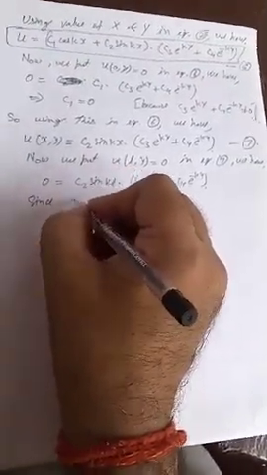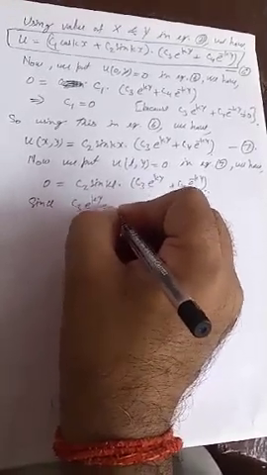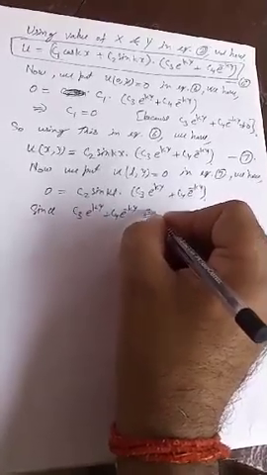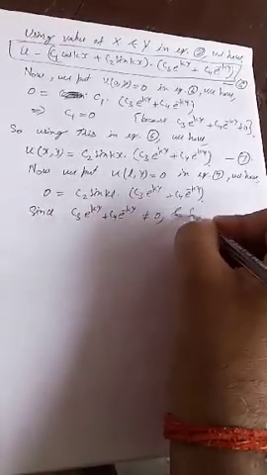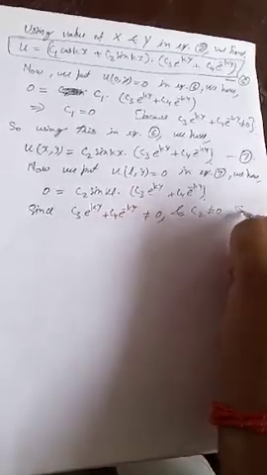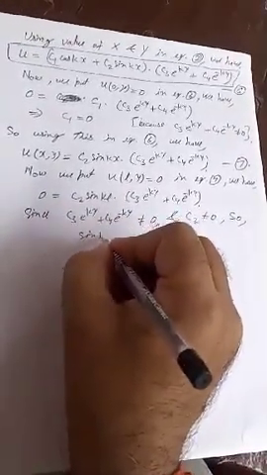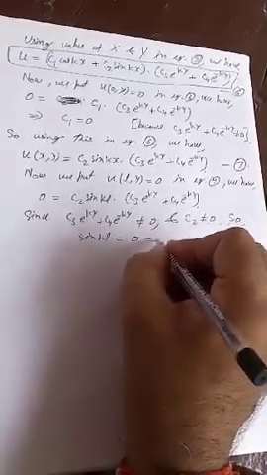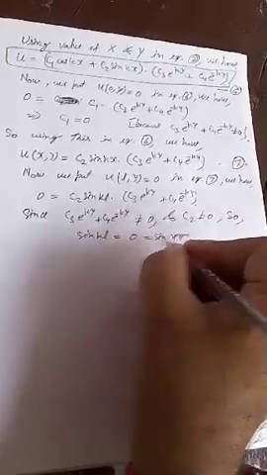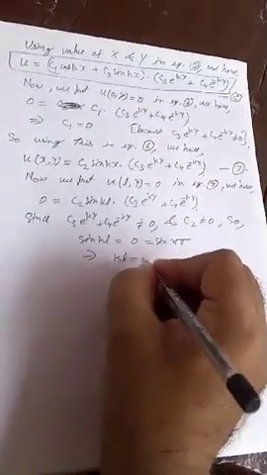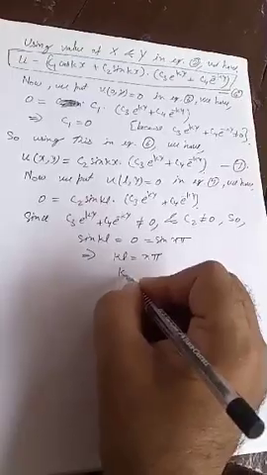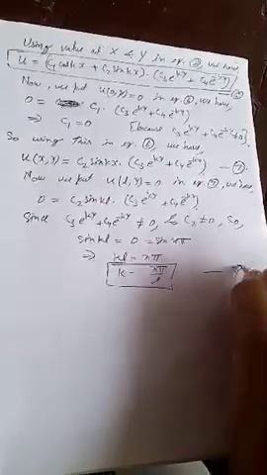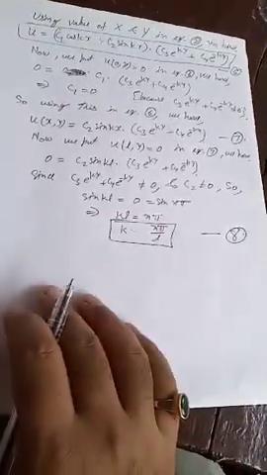Since C3 e to power ky plus C4 e to power minus ky is not equal to 0, and C2 is not equal to 0, sin of kl will be equal to 0, and this will be equal to sin of n pi. This implies that kl is equal to n pi and k is equal to n pi by l. This will be equation number 8.